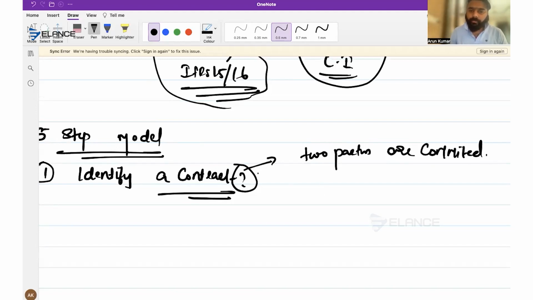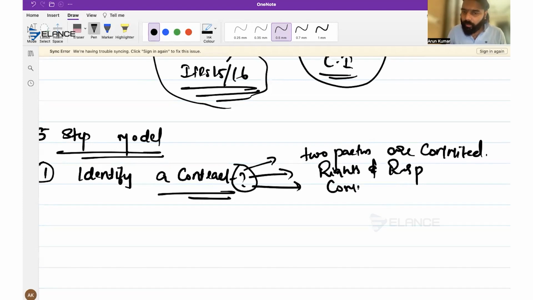Then the rights and responsibilities of each party, that is both the customer and the supplier. Then we need to check whether the contract has commercial substance, that is, it should have a profitable element.